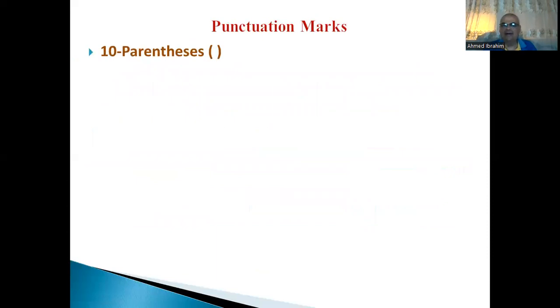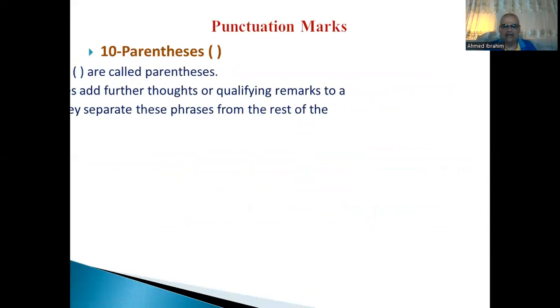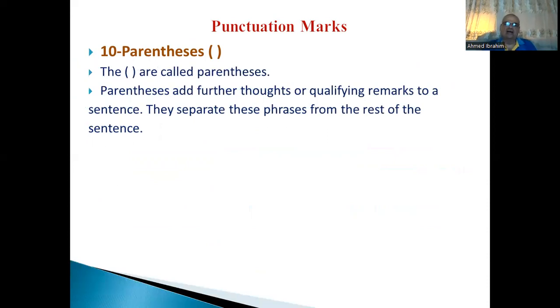Number 10, parentheses. The symbols are called parentheses. Parentheses add further thoughts or qualifying remarks to a sentence. They separate these phrases from the rest of the sentence. Example.